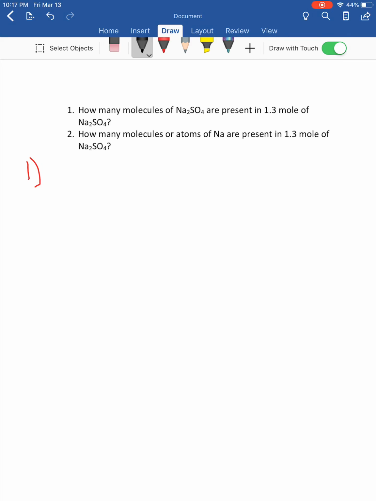So we are given sodium sulfate, the same procedure, and it is 1.3 mole. What we have to find is how many molecules of sodium sulfate. So we're going to write again sodium sulfate.